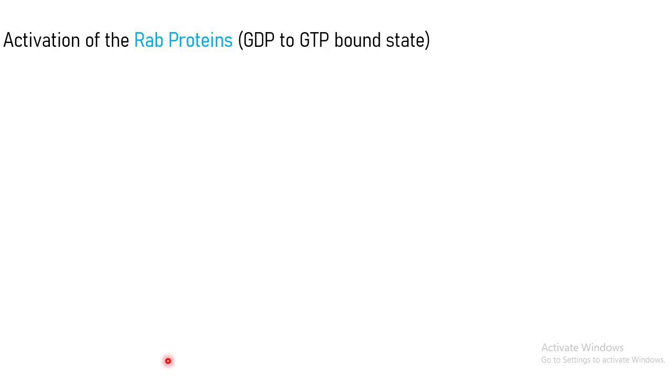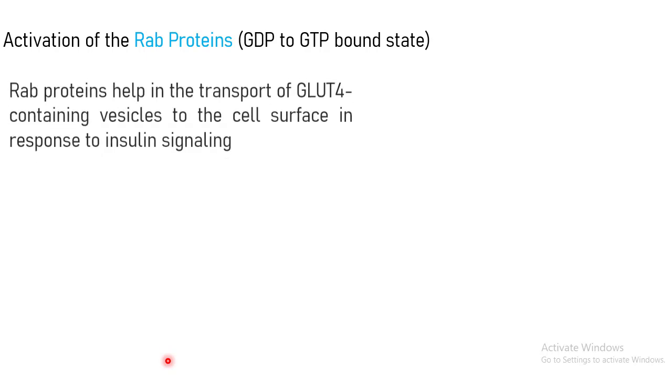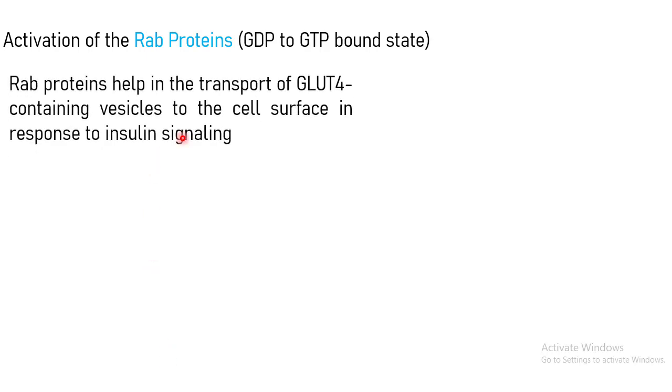When the AS160 is in the active form, the RAB proteins are inactive, so they cannot direct the movement of the GLUT4 vesicle toward the cell membrane. But once the AS160 gets inactivated, the RAB proteins get activated, and when they get activated, they can help the transport of the GLUT4 containing vesicle toward the cell membrane in response to the insulin signaling.